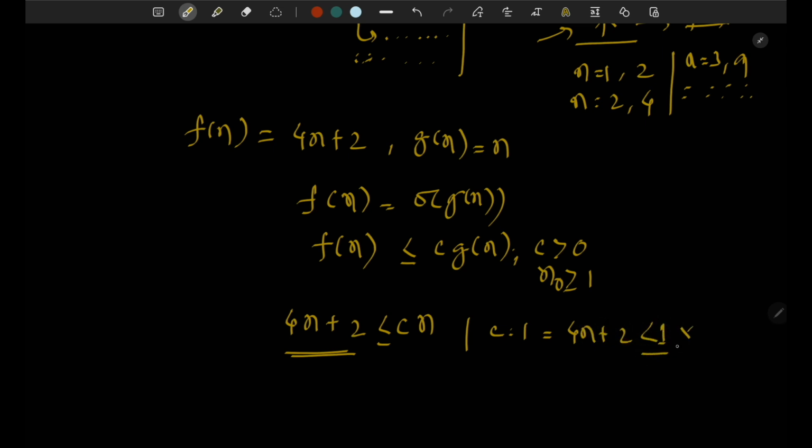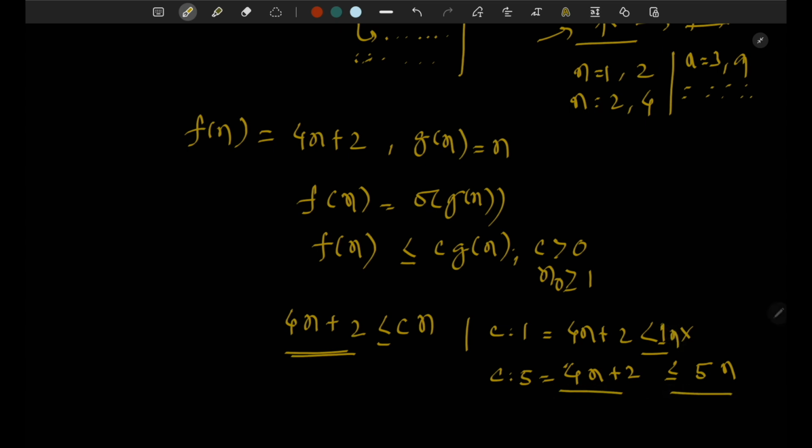This is definitely not the case. What if I put c as 5? So let's assume we have c as 5. So 4n plus 2 and this is 5n, right? So this was not 1, rather it should be 1n, and this is 5n.